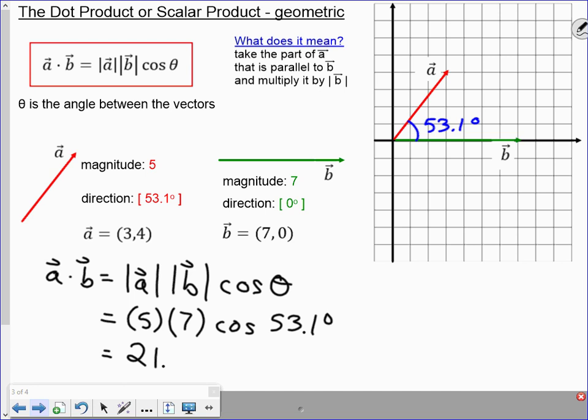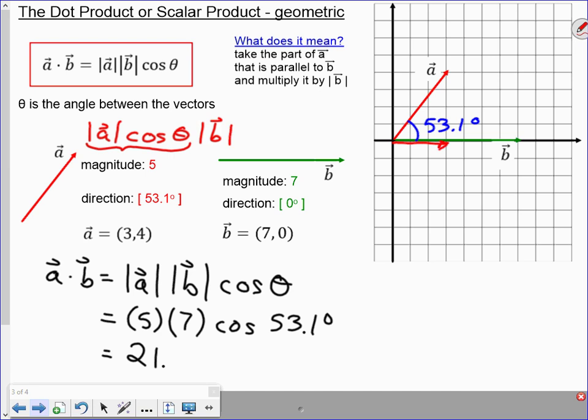Okay. Now, what does this actually mean? If I take this formula for the dot product and rearrange it a little bit, so instead of magnitude A, magnitude B cos theta, I write it as magnitude A cos theta times magnitude B, we can think a little bit about what this means. Back in the previous unit when we talked about components, we said that if we take the magnitude of the vector times cos of the angle, we're going to get the component of the vector that's in the horizontal direction.